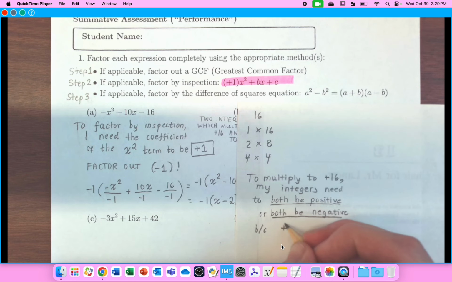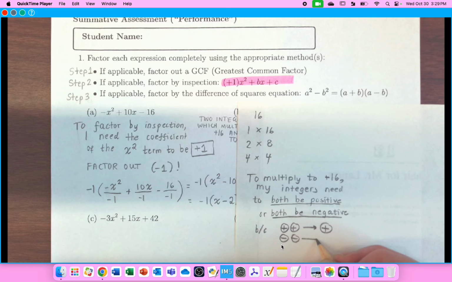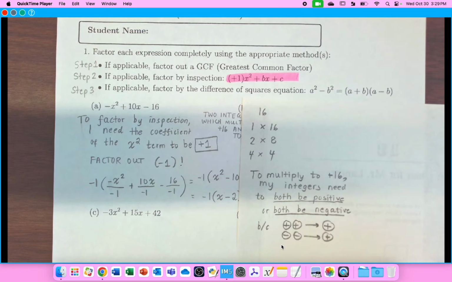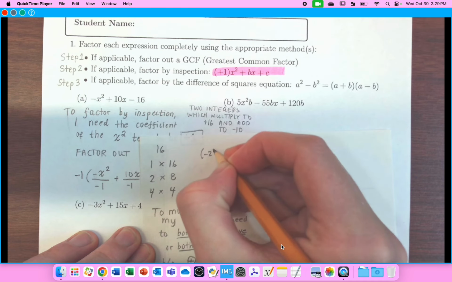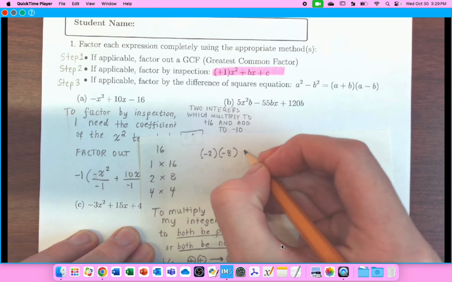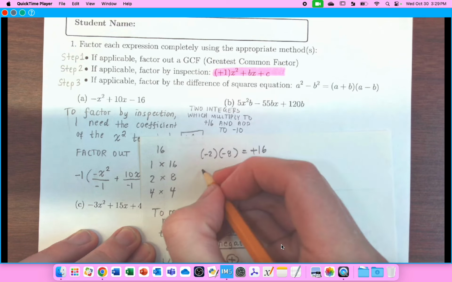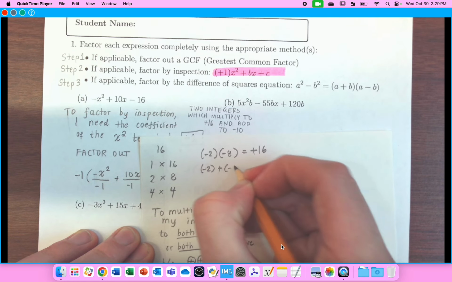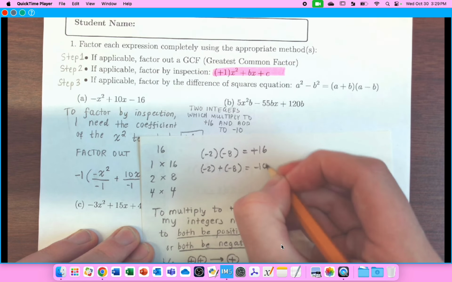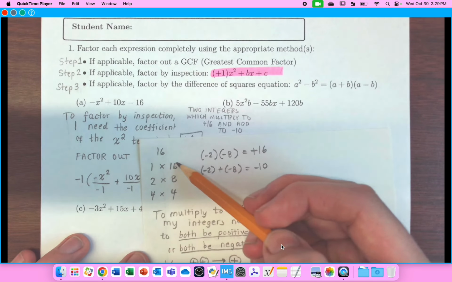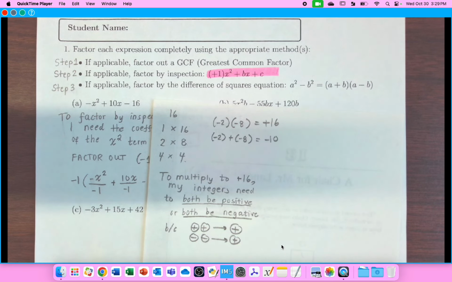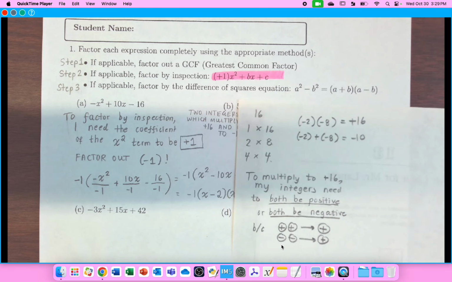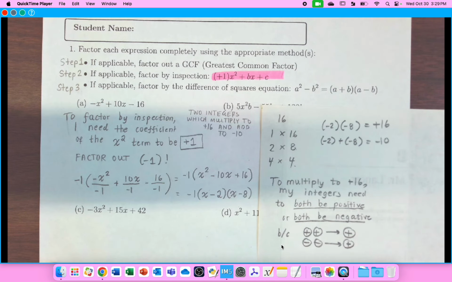Because positive times positive is positive, and negative times negative is positive. So basically, I know it has to be -2 and -8, because those actually multiply to positive 16, and they also add to -10. There's no other way with these combinations. There's no other way of having them both be positive, both be negative, and having it work out. So that kind of goes along with that problem.